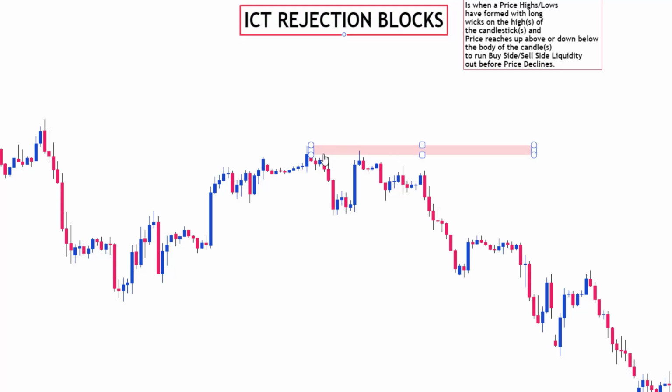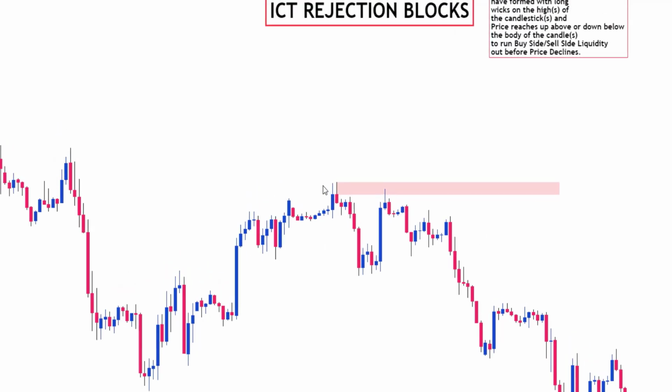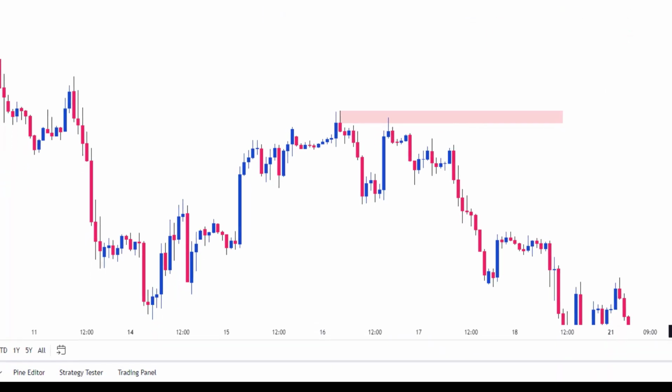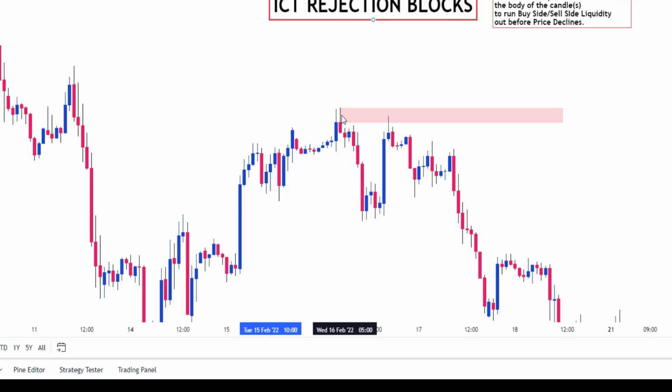I have some delineation of ICT rejection blocks right here. This is an ICT high that was formed right here. You can actually see when the high is formed, you're going to see it with long wicks. You need at least 2 to 3 candles, and then the candlestick that has the longest wick among those highs that were formed is your rejection block.